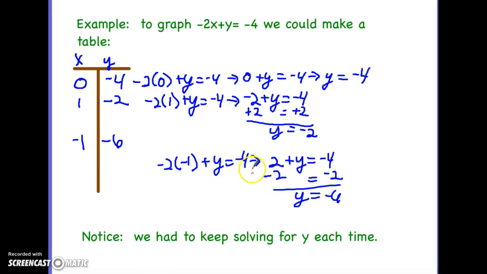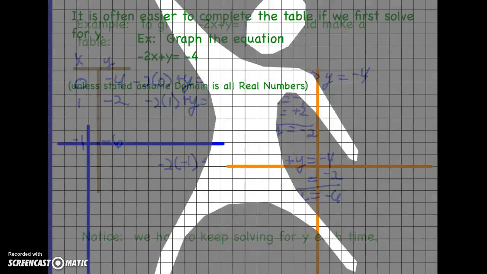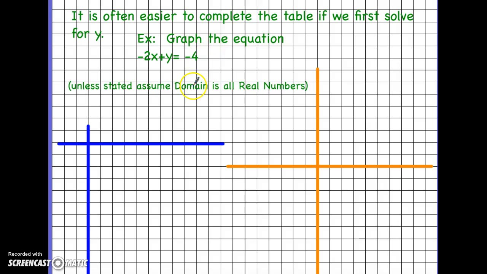Notice each and every time I had to go ahead and solve for y. That gets repetitive and takes a long time. So there is another option, which is we could solve for y first before we start putting in values for x.